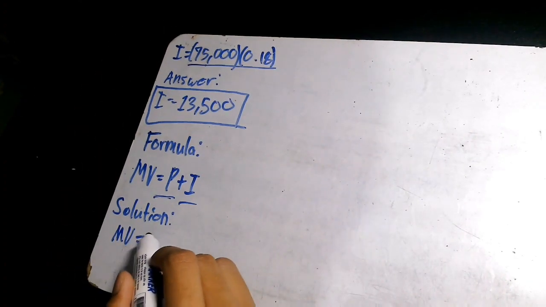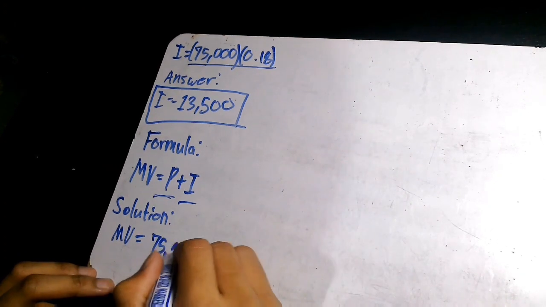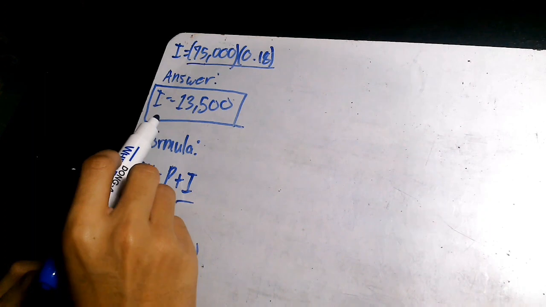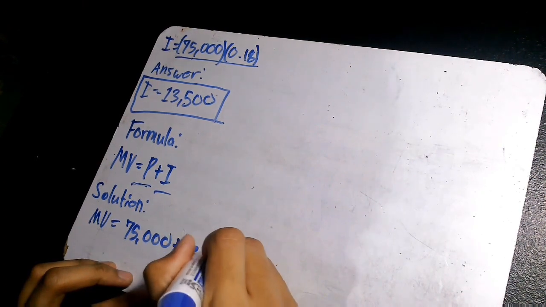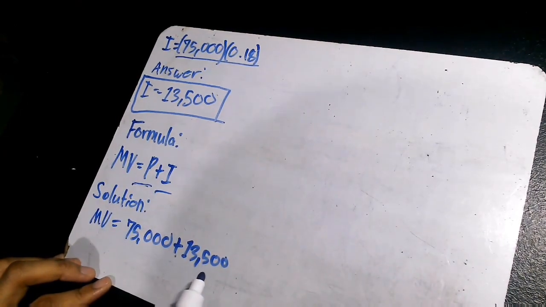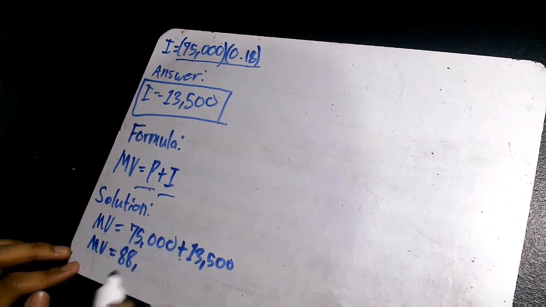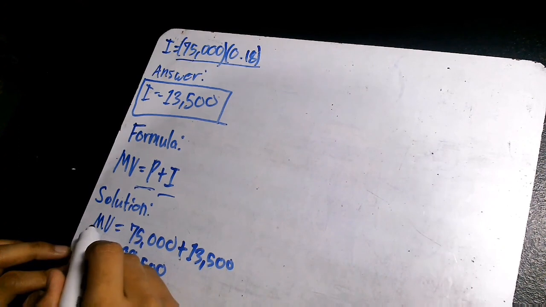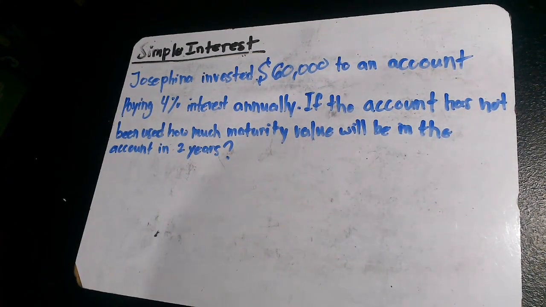P, which is 75,000, plus I, which we solved earlier, is 13,500. 75,000 plus 13,500 is, MV equals 88,500. And this is the final answer.